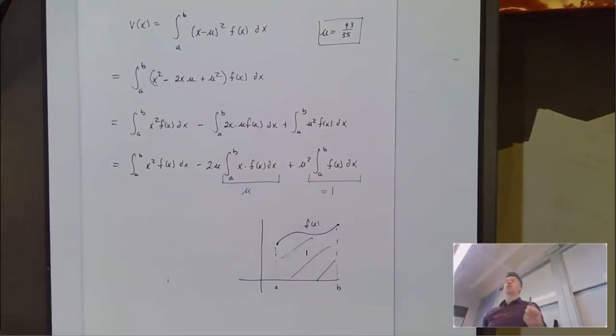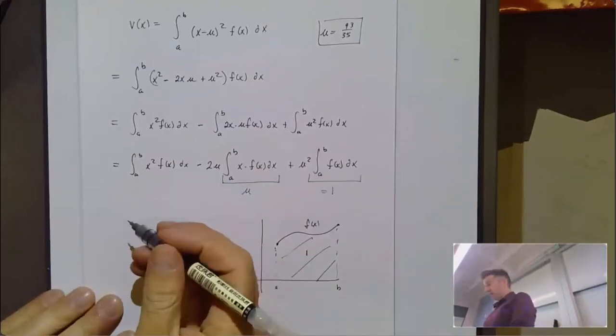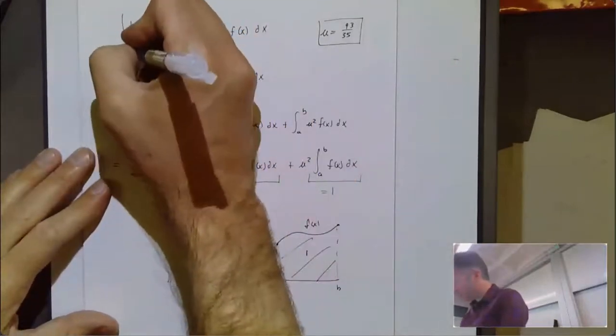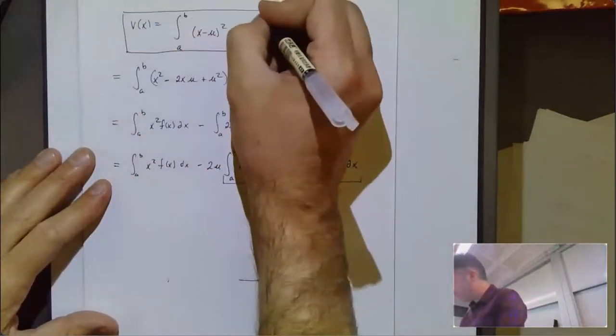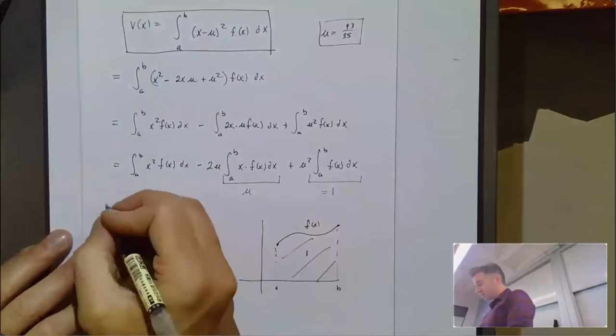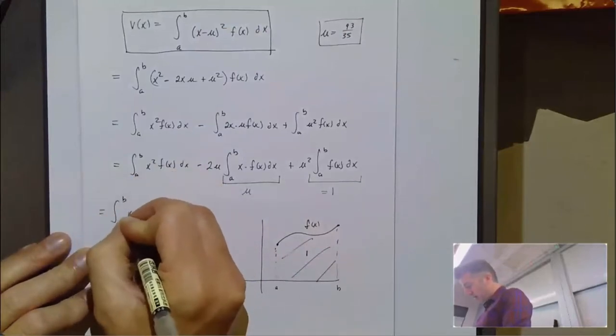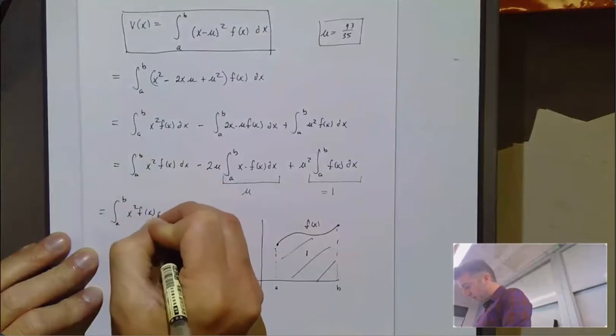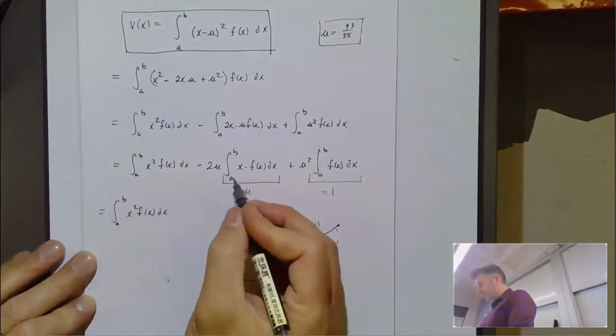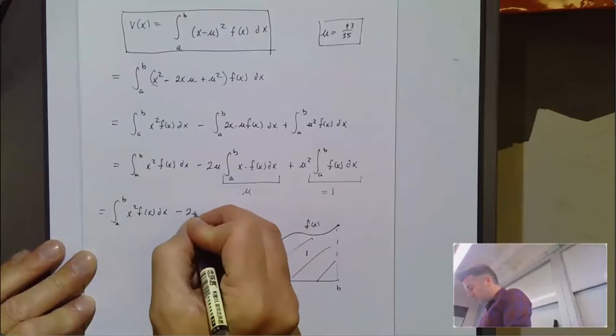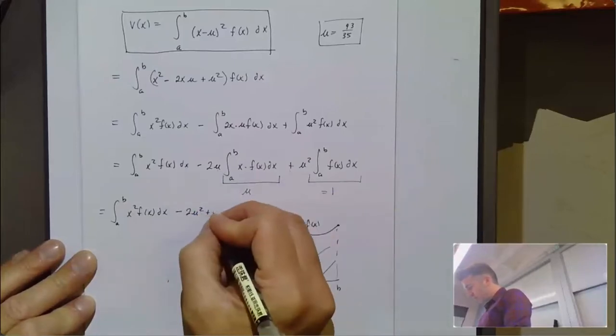So here's the alternate, easier formula for calculating variance. And I do strongly recommend using this formula we're about to write down. So not this formula here. This is the one way of writing variance. But the alternate is going to be the integral from a to b of x squared times f of x dx minus 2 times the mean plus the mean squared.